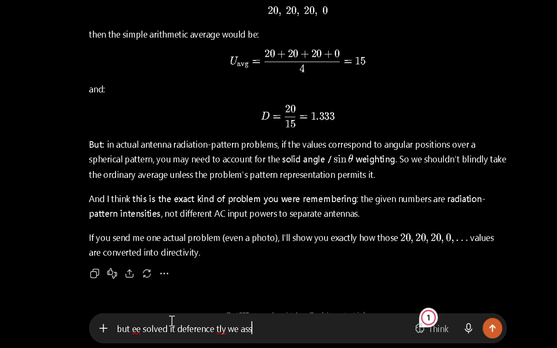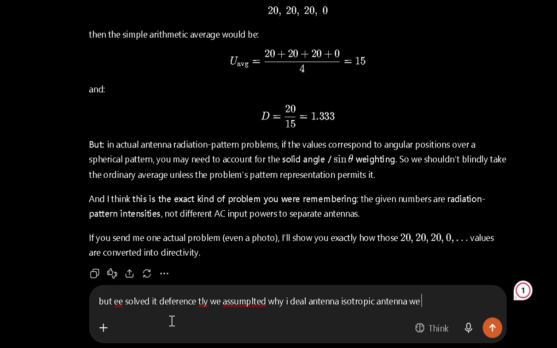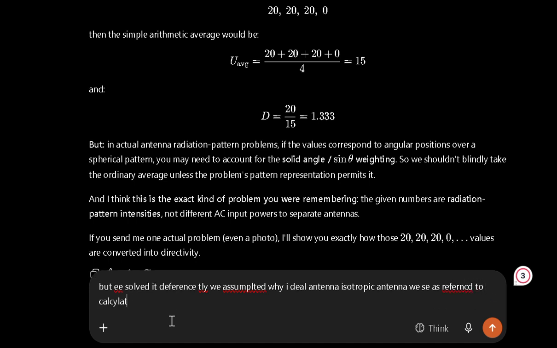We invented the ideal antenna, the isotropic antenna. We use it as a reference to calculate directivity.